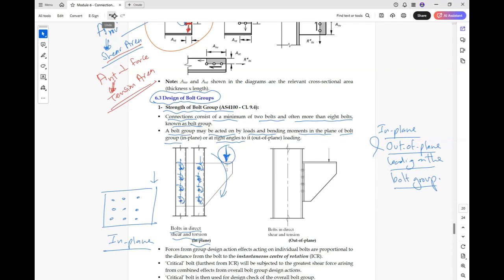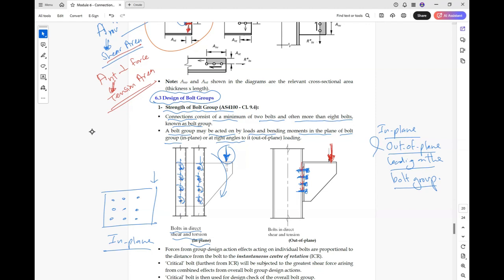Okay, but if you look at this example here, we have the bolts in this direction. In this case, this force will be divided to these bolts here, so the force will be perpendicular to the bolts.